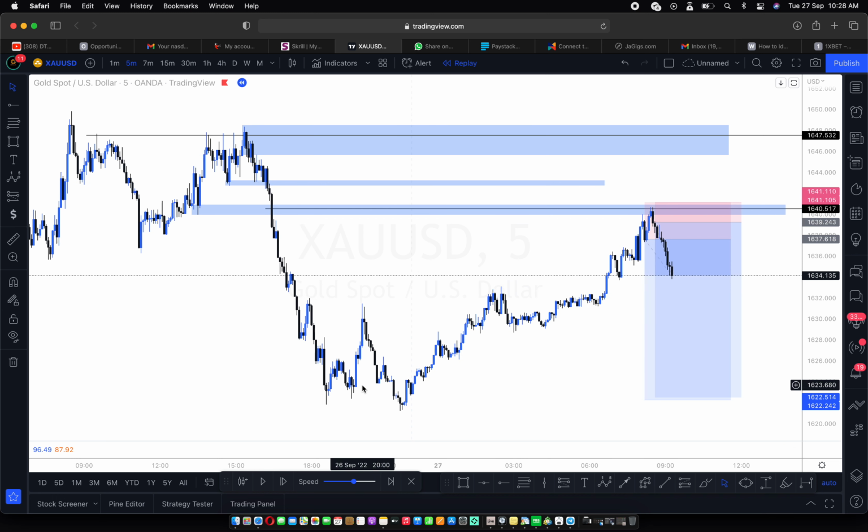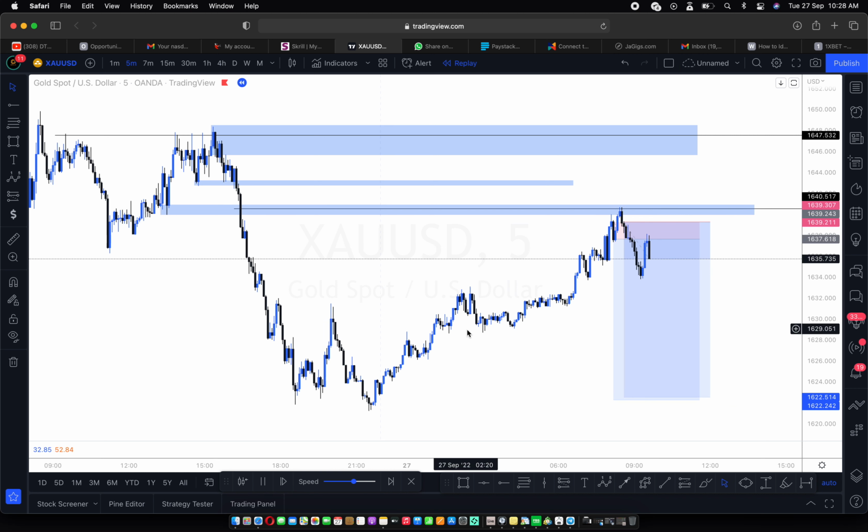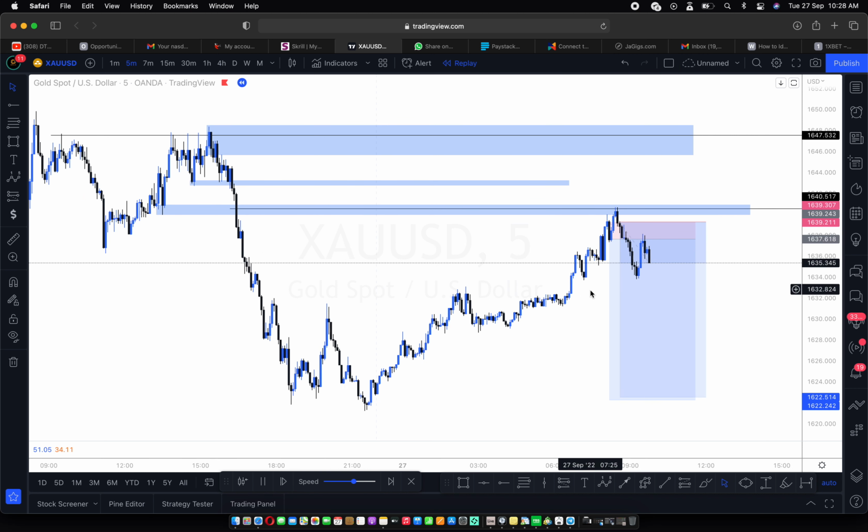And one thing is, with this, you make sure you break even. Once it has broken this level, you update your stops. You get your stops a bit closer, and trail your stops down. All right. Look at this.